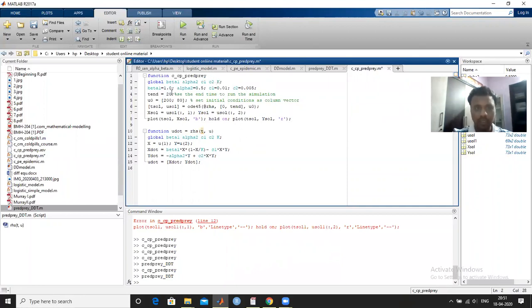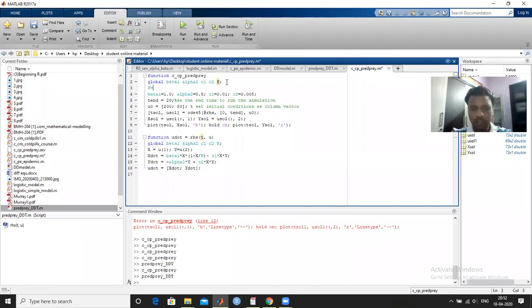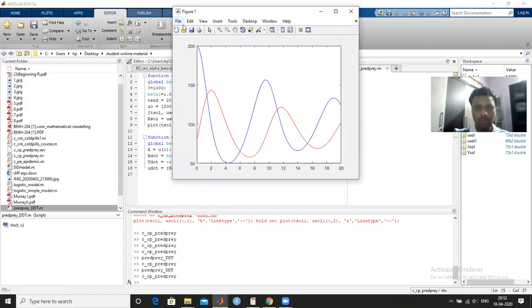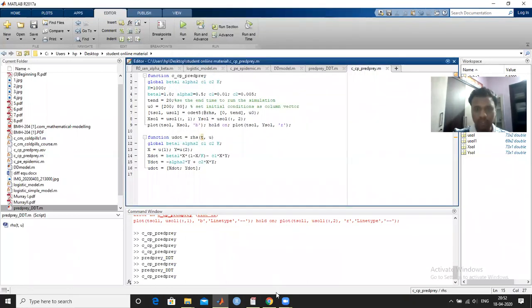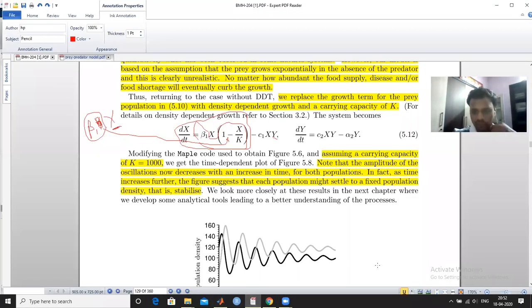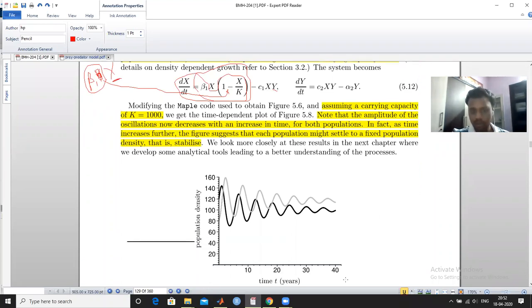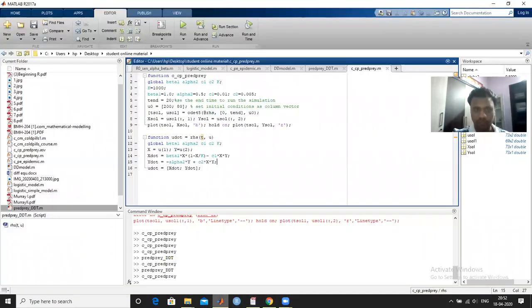I have taken k as 1000 to match the simulation result. So if I run this, now you can check. They have plotted this model up to 40 time periods, so I change t end to 40.